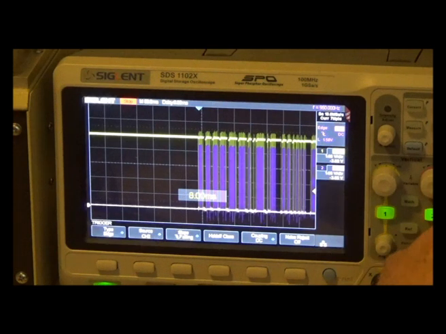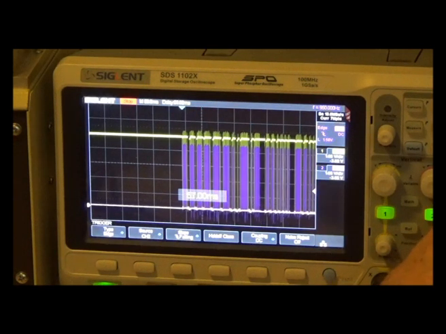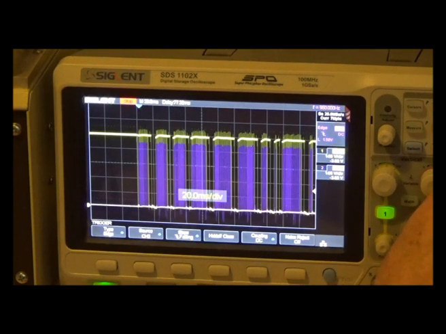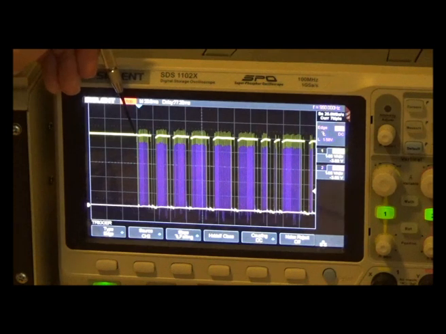Right, actually what I'll do, if I go a little bit beyond and zoom in, we can see the details of the different transmissions. The first transmission starts here.